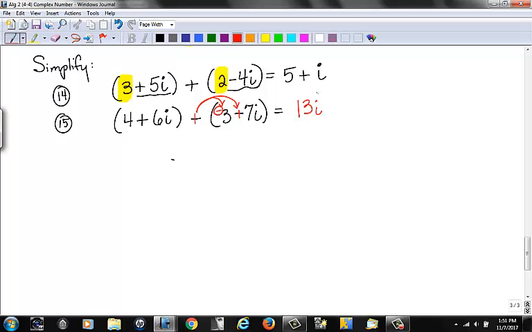Did I write that right? Wait a minute, I left off part of the answer. So 4 plus a negative 3 is 1. 6i plus 7i would be 13i. That look better? Okay, thanks.